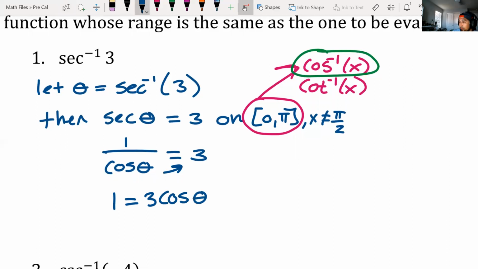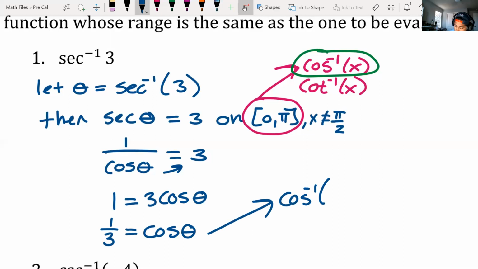And then divide by what? Divide by 3, right? Because I said solve for cosine. And now to get to the inverse cosine, just apply the inverse to both sides. So this will become the inverse cosine of 1/3 equal to theta.